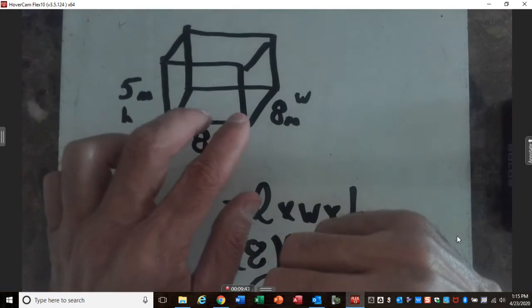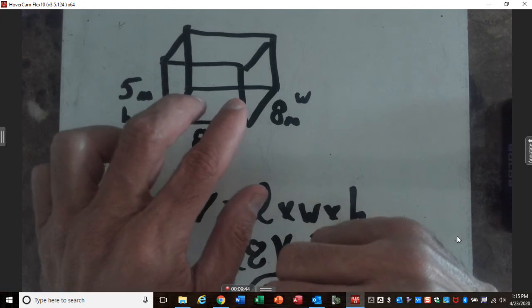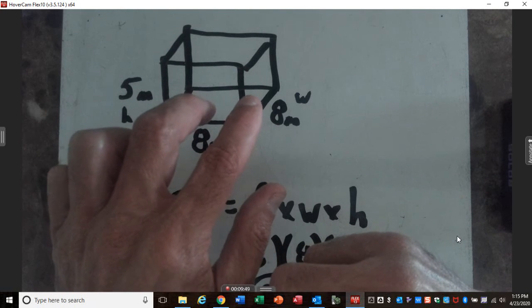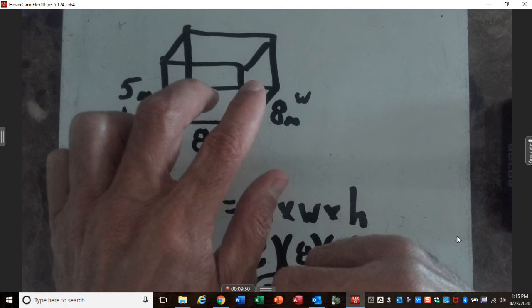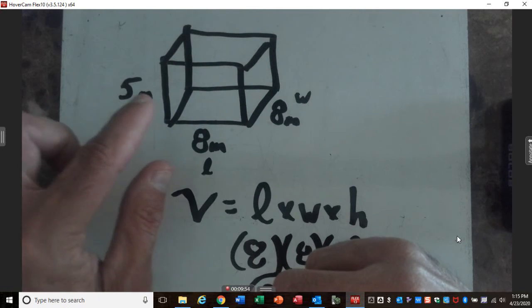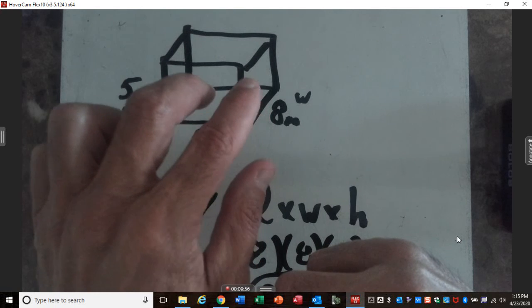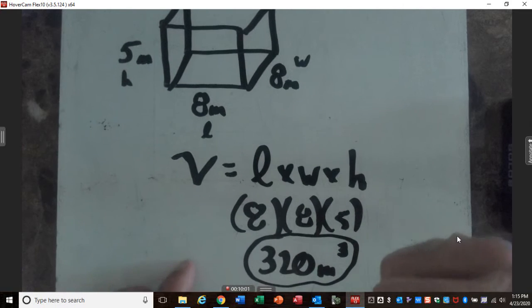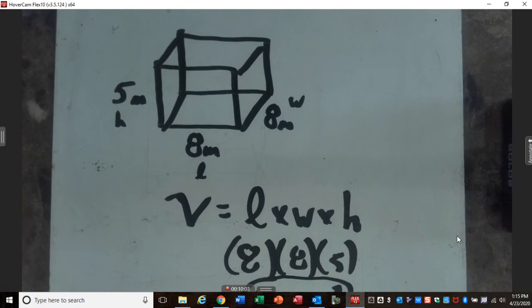So imagine we're taking this square and we're just stacking it up 5 meters high. We have the area of this square plus this square, this square, this square, and this square, and we'll have 5 squares because it's 5 squares high. So 64 times 5, which is 320. And that is the volume of a shape.